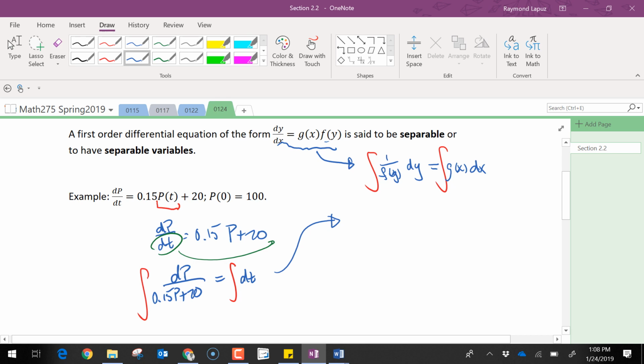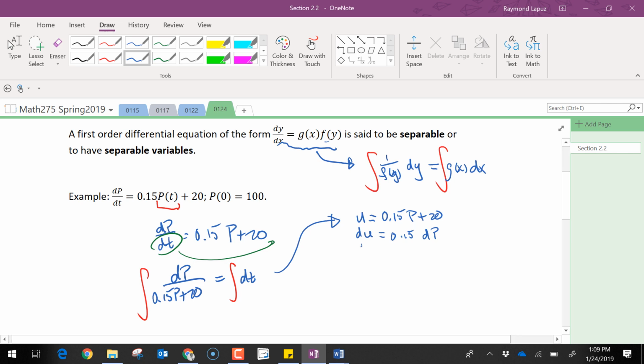It's just a u substitution. So if you're not familiar with trying to do things quickly, you know, show some steps. u is equal to 0.15 p plus 20. I would let u equal the whole thing, and then here we'll introduce more differentials. To replace dp, I would need to multiply or divide out by a 0.15.